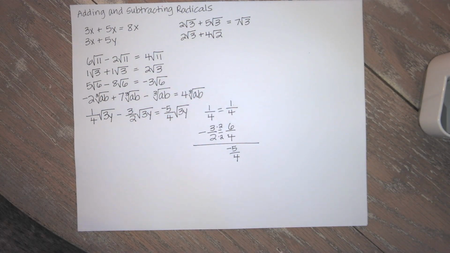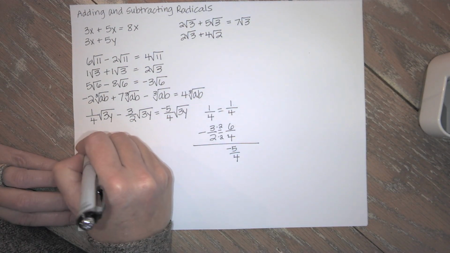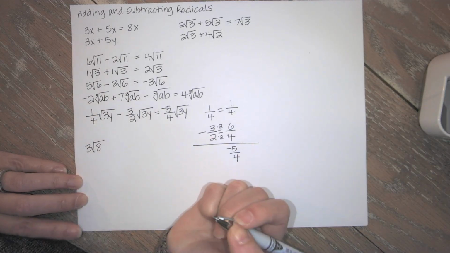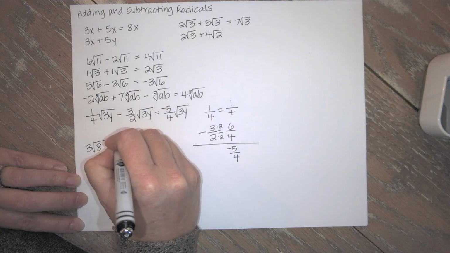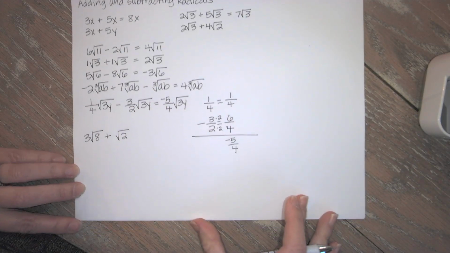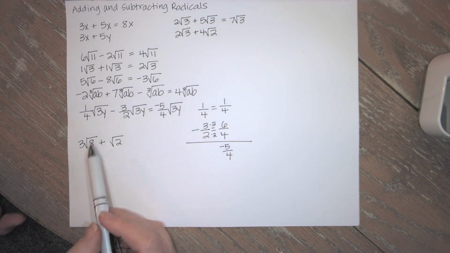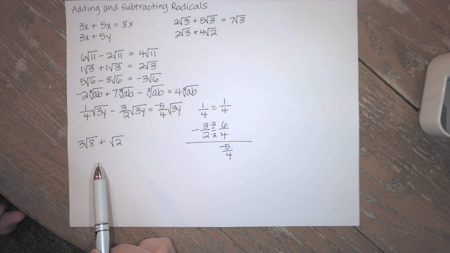Okay, so I already said if we don't have the same number under the square root or the cube root or whatever radical you happen to have in your problem, then you do not have like terms. So this is a case where we do not have like terms.